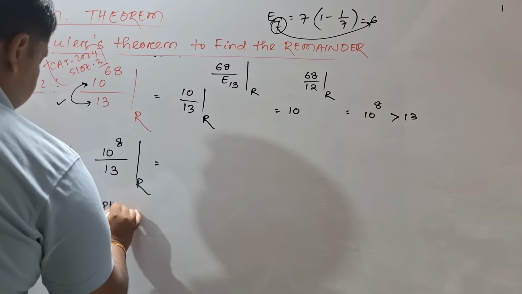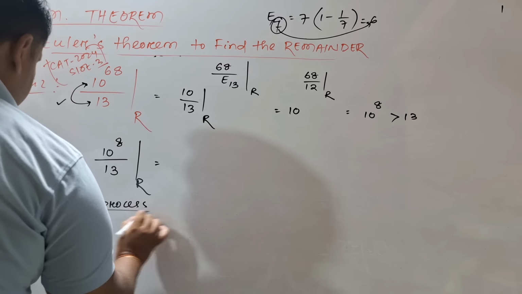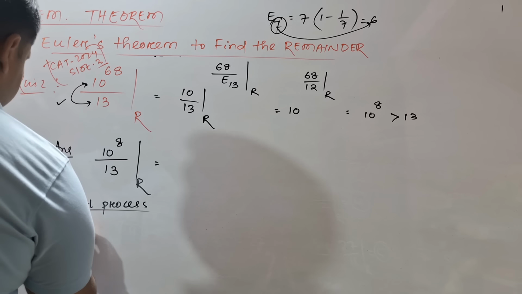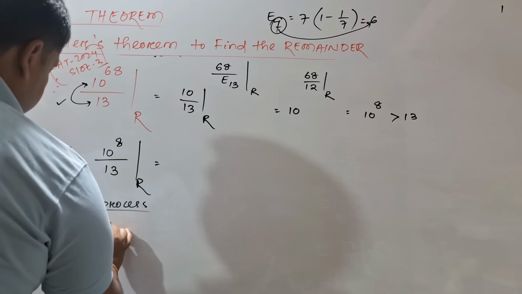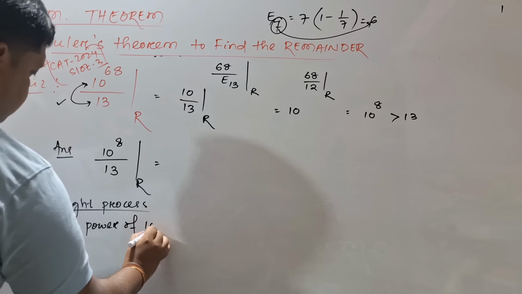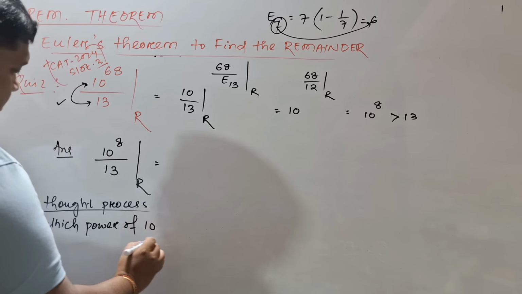Here write down this thought process: which power of 10 is close to 13 or multiples of 13. Just think about this one.